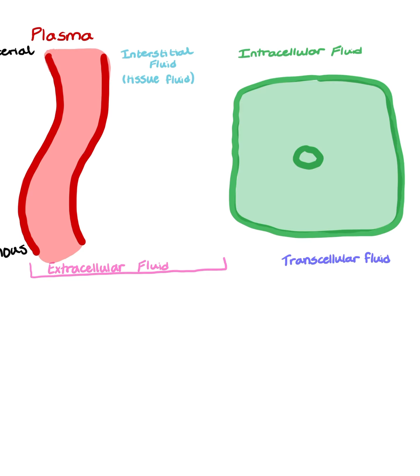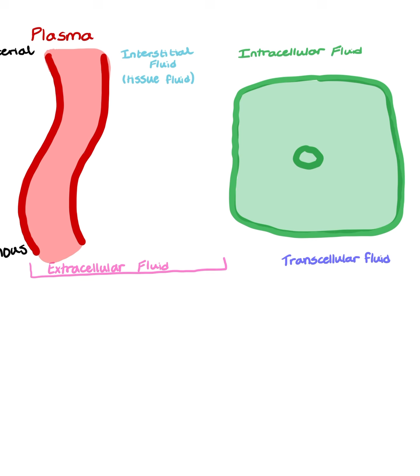And then lastly, a very small portion makes up the transcellular compartment. This compartment is any other fluid that does not fit in the other categories. Some examples of this are aqueous humor and vitreous humor, which is a fluid behind our eyes. There's also some fluid in our joints and even in our cerebrospinal fluid that makes up this transcellular fluid.